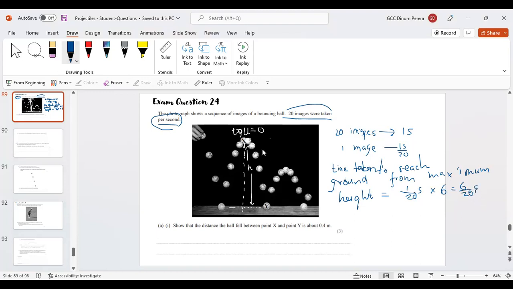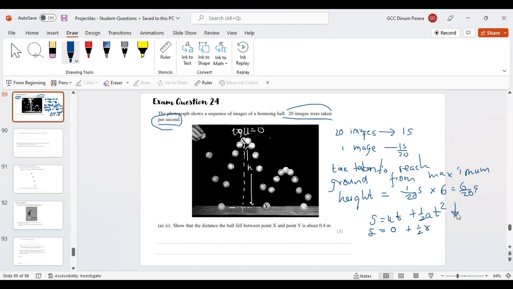Initial velocity is 0. So to find the height, you can use s equals ut plus half at squared in the downward direction, because we consider motion from X to Y. Initial velocity is 0, so ut is 0, plus half.